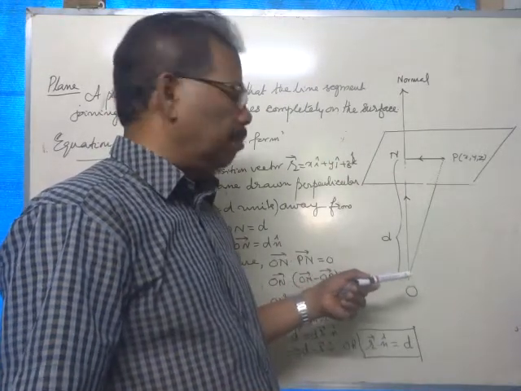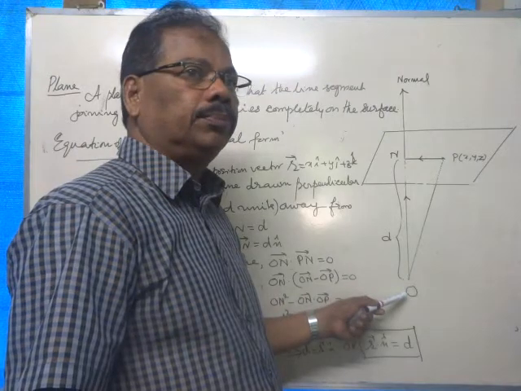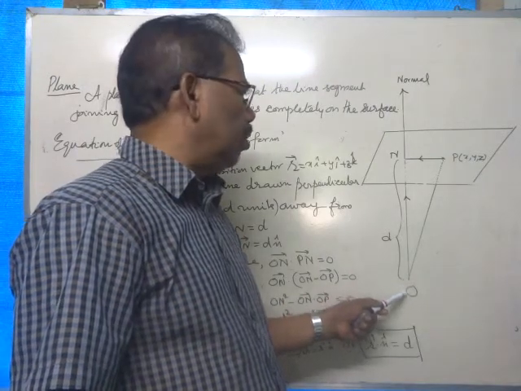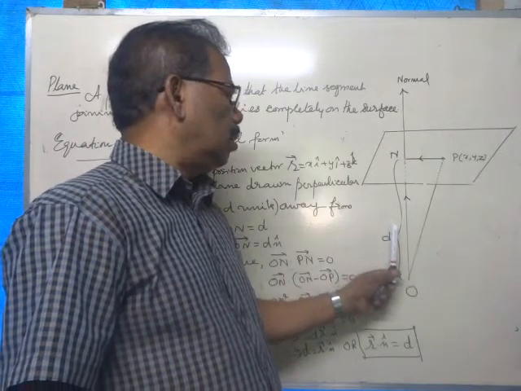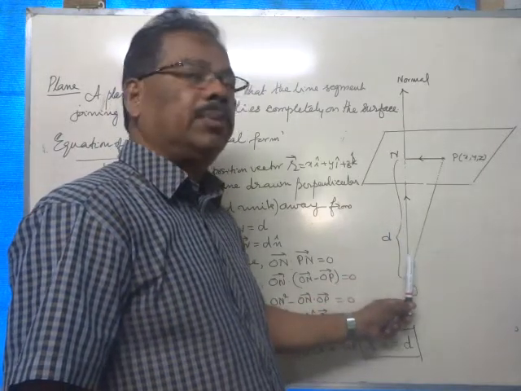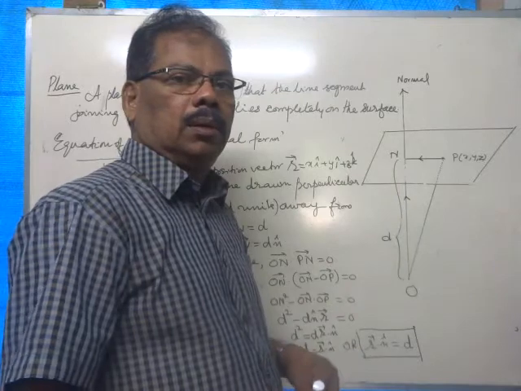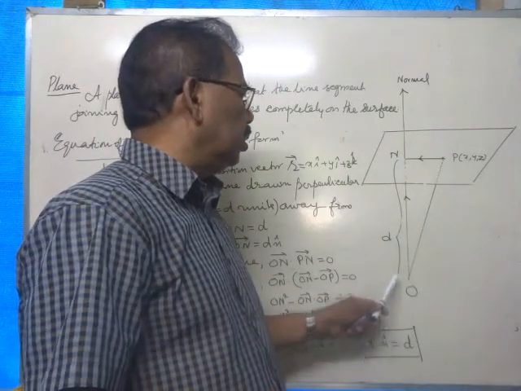It is a plane normal to ON. ON is the normal directed away from the origin, and it is at a distance d.